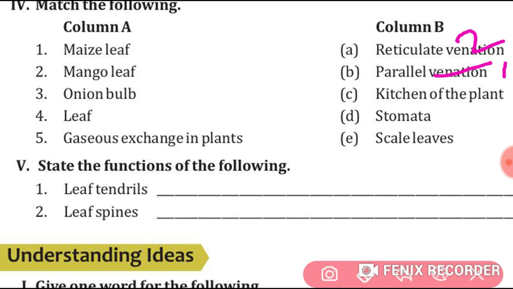Onion bulb, its answer is scale leaves. Leaf, its answer is stomata. Kitchen of the plant. Then gaseous exchange in plants, stomata. So the order is 2, 1, 4, 5, 3.